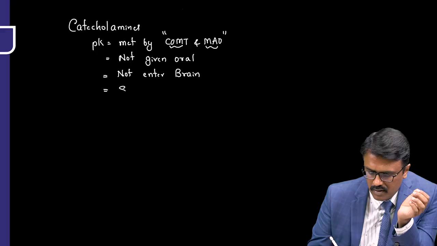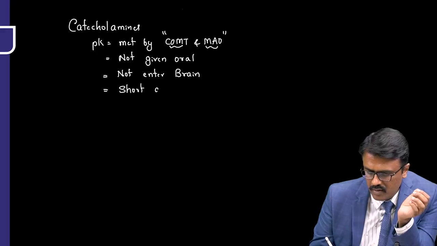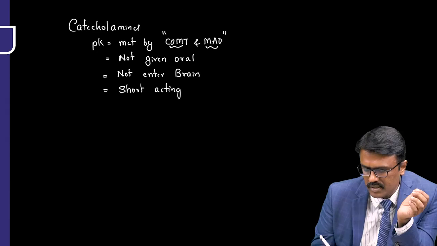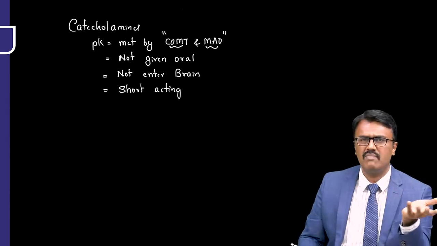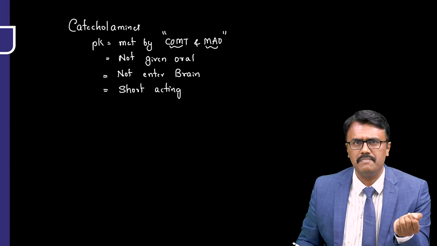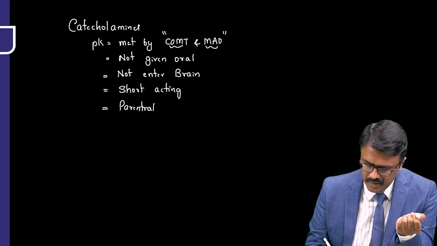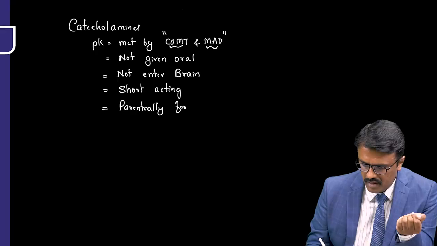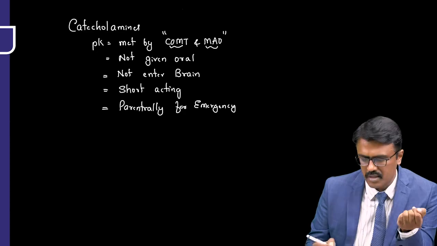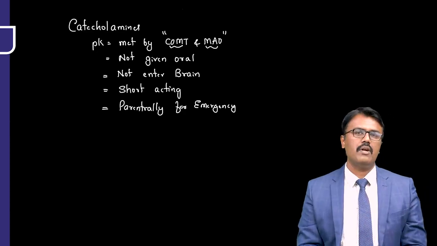And remember, these are very short acting. Why are they very short acting? Because they are metabolized faster. Maximum 2 to 5 minutes, that's it. And they are used parenterally for emergency. So that is the specialty of catecholamines. They are for emergencies.